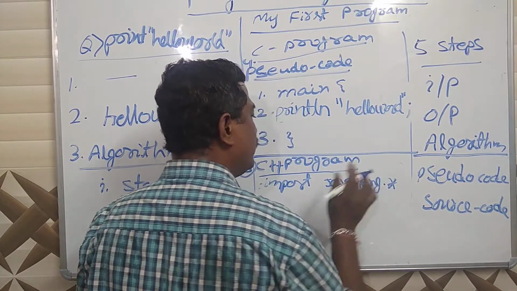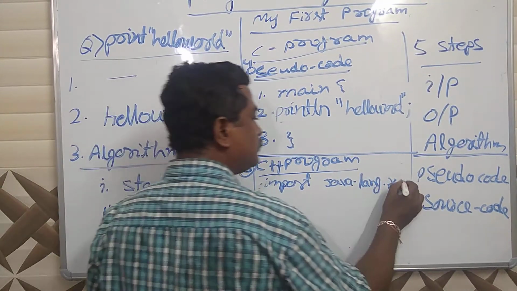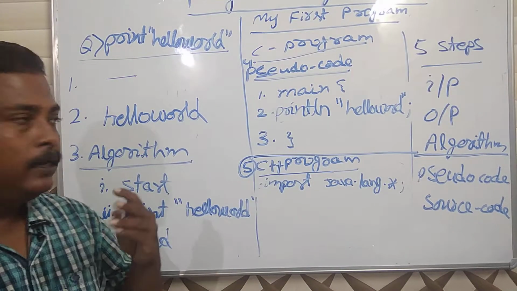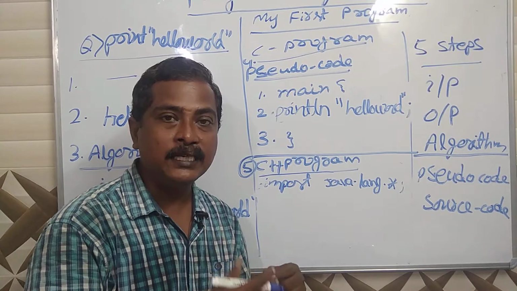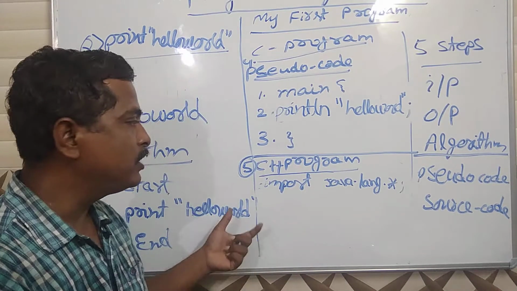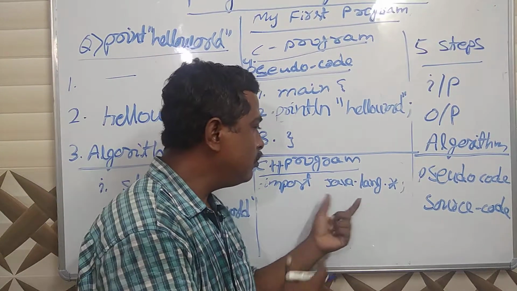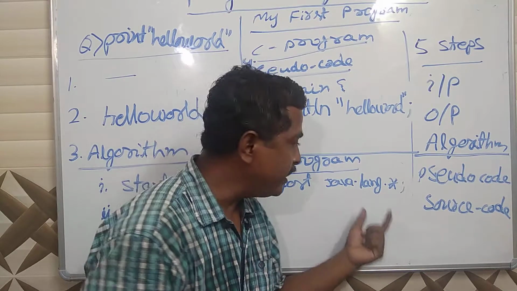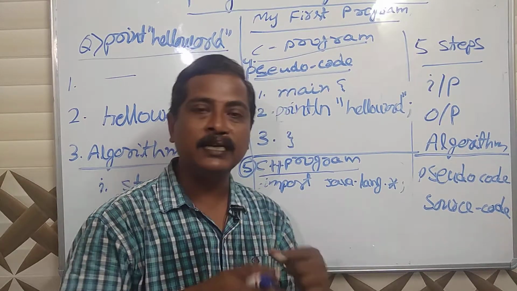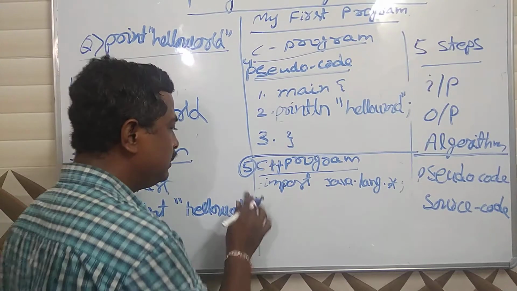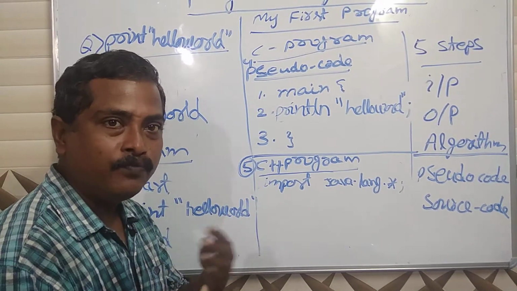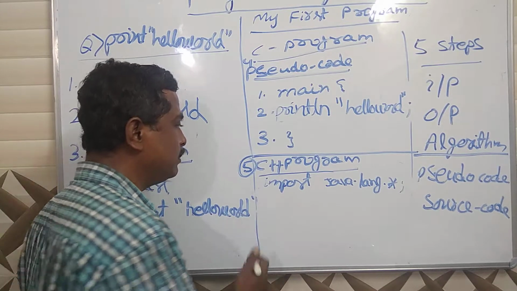Why are these things required? As in C++, we include some header files like stdio.h, iostream. Here also I have to include something. Now lang, it is a package, it is a language. These things again will be confusing. Just remember, we have to write it. That's it. Initially, after writing 20-30 programs, we will enter into that.